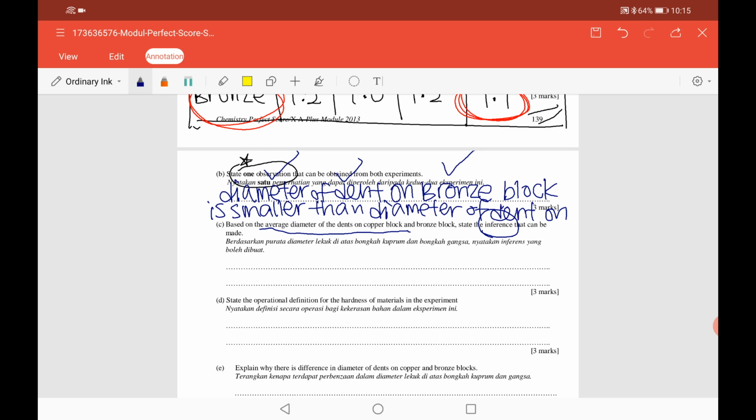It is the reason that supports your observation. When you observe something, what is the reason that contributes to that observation? That is called inference. And I said just now, for inference, don't go deep. Don't over explain. Keep it simple.